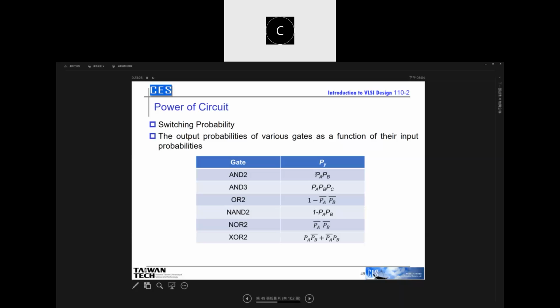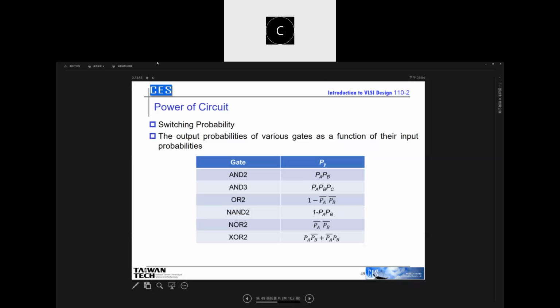Similarly, if you have a 3-input AND gate, with input probabilities PA, PB, and PC, the output probability will be PA times PB times PC.